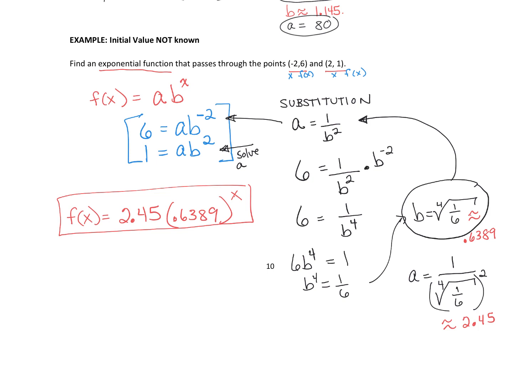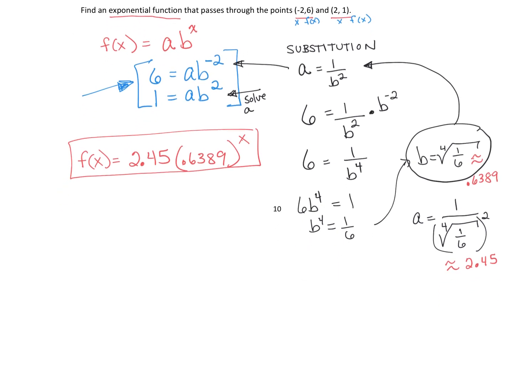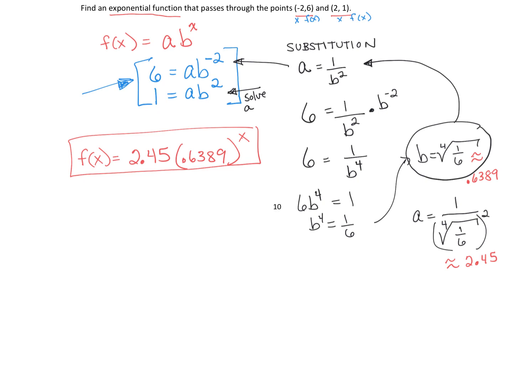Now there is another way to solve this after we plug these things in. I just wanted to show you that very quickly. Rather than using substitution and plugging one into the other, I'm just going to take the ratio of the two.